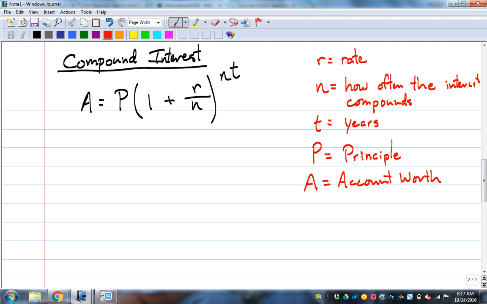So let's look at that same problem that we did for example A, where we're investing $1,500. It was 2.5% interest, so that's really high interest rate for a savings account right now.